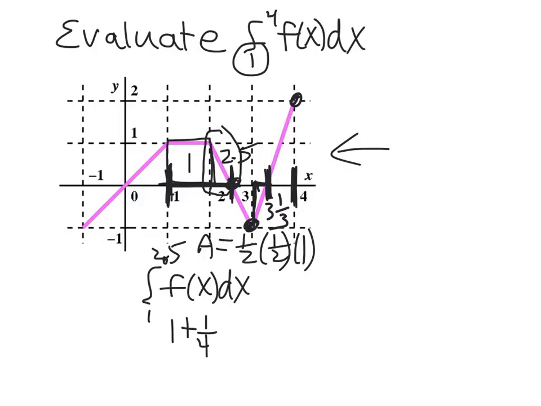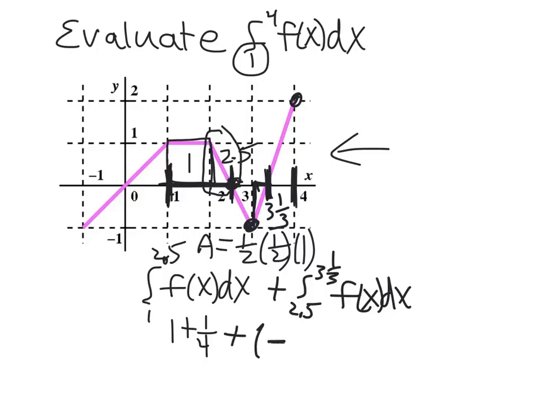Okay. Well, from 2.5 to 3 1/3, the area represented by that graph, that's going to be under the x-axis. So that definite integral value is actually going to be negative. And it's going to be the negative of this area.